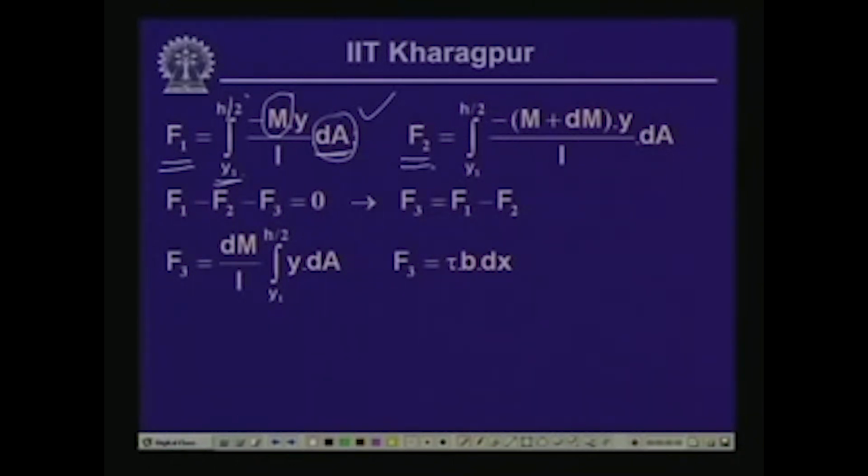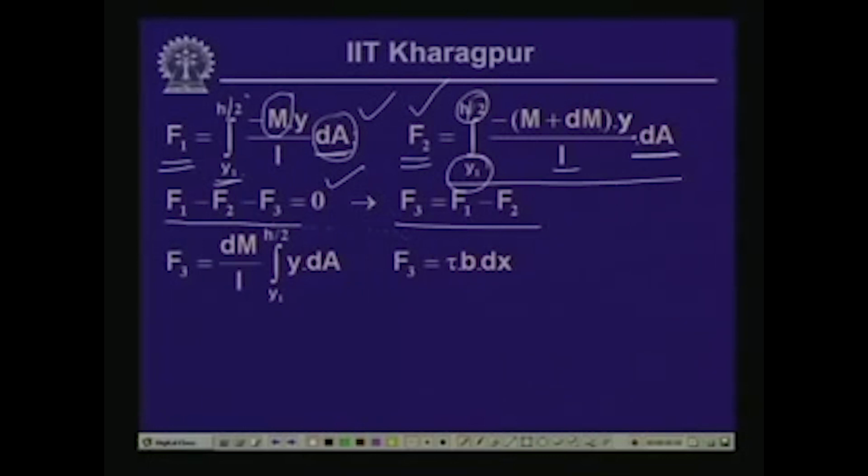Likewise the value of F2 is equal to the integral of minus (M plus dM) times y by I multiplied by dA, and again it is integrated from y1 to h by 2. So this gives us the value of F2. Now if we write down the equilibrium equation, which is F1 minus F2 minus F3 equals 0, thereby it gives us F3 equals F1 minus F2, and F3 is the force which we are trying to find out.